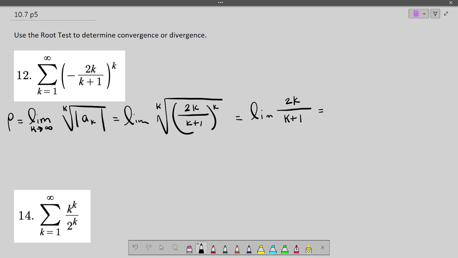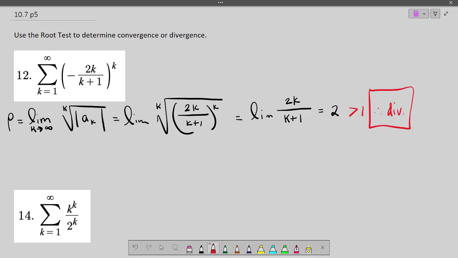And what is that limit? 2. We are comparing this to 1. And we have conclusions just like the geometric series. If rho is bigger than 1, then we have divergence. All right, so that diverges.